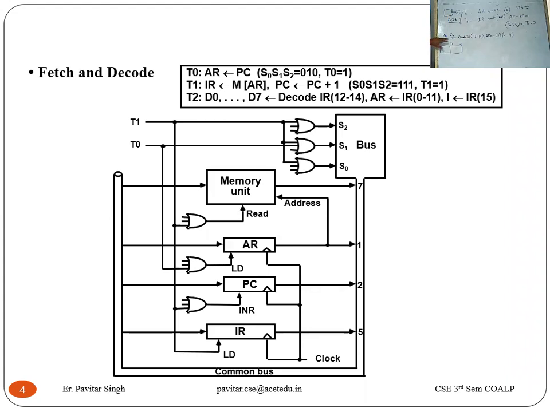We have just seen in the hardwired organization that the operation code bits 12, 13 and 14 are decoded into 8 operation decoder signals, right? And bit 15 of IR will be sent to I, right? So this is your T2. This is called the decode phase. So, fetch and decode.